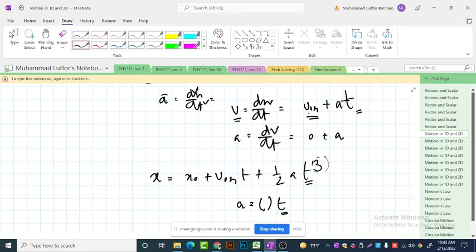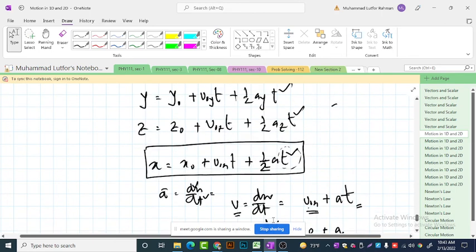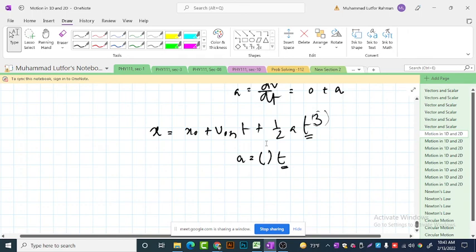That's why we can say whether the particle is moving at a constant velocity, constant acceleration, or neither, just by looking at this general displacement equation. I'll do some problems and we'll see that in the next class. This is the most beautiful equation, so come on guys, cope up with this equation.